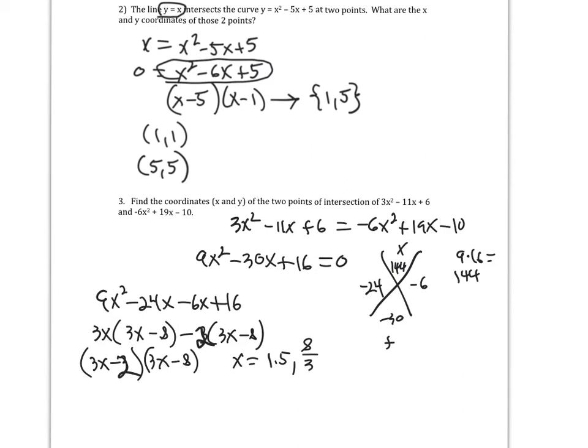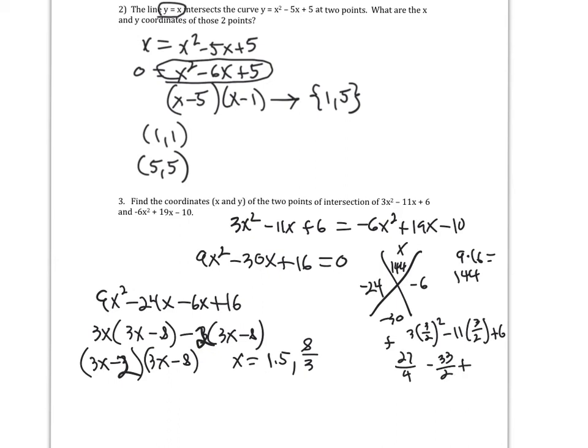Okay, so now I'm going to plug those values back in to get my y value. So when I plug in 3/2, I'm going to get 3 times 3/2 squared minus 11 times 3/2 plus 6, which is going to give me 3 times 9/4, which is 27 over 4, minus 33 over 2, plus 6.